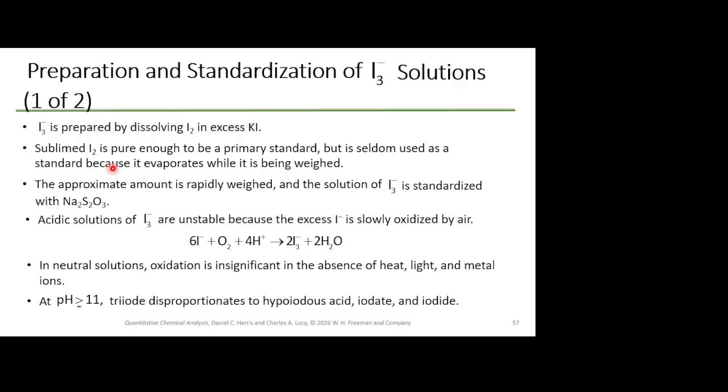And then you can have it land on something that's cold, like cold glass, right? And you can then make the solid. And so you can make an extremely pure sample. There's not a lot of things that would have similar boiling and melting and freezing points, sublimation points, as iodine. However, it's definitely pure enough.